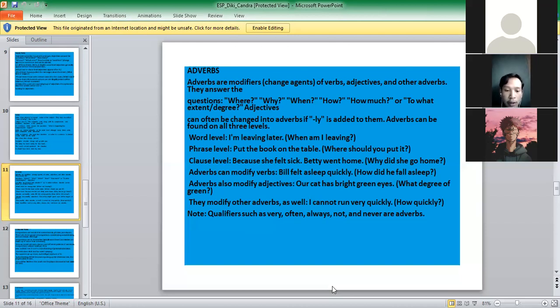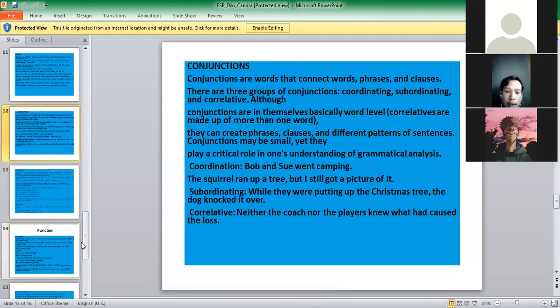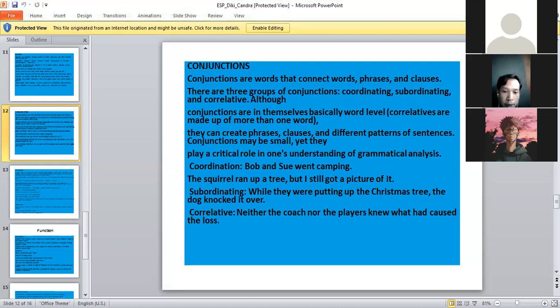And then conjunctions. Conjunctions are words that connect words, phrases, and clauses. There are three groups of conjunctions: coordinating, subordinating, and correlative. Although conjunctions are in themselves basically word level, correlatives are made up of more than one word.